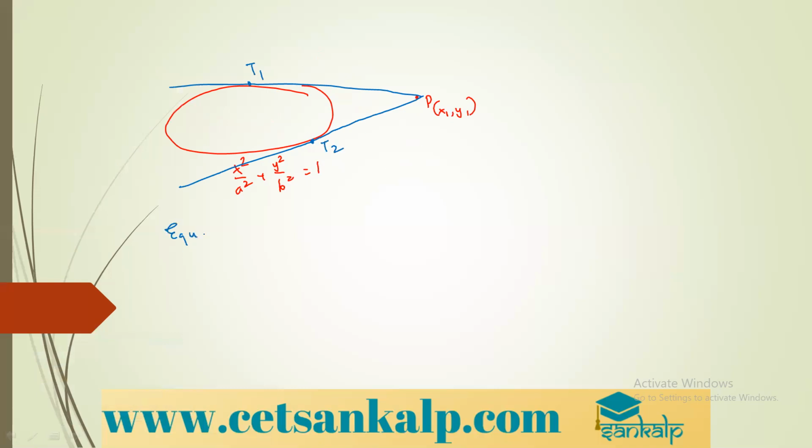Then you can write the equation of this pair of tangents as SS1 = T². What is S? x²/a² + y²/b² − 1.